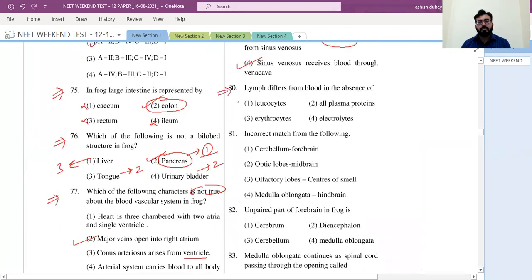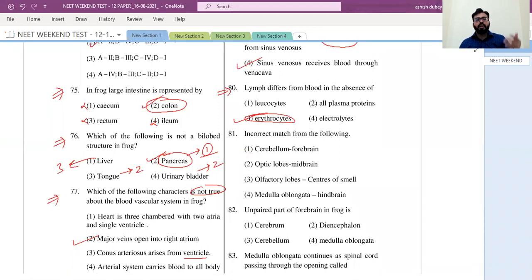80. Lymph differs from blood in the absence of erythrocytes. That's it. It possesses leukocytes, plasma proteins also, and electrolytes like sodium, potassium, all ions are present there. Because lymph is formed from tissue fluid, and tissue fluid is formed from blood, so the composition of blood is more or less similar to that of lymph.